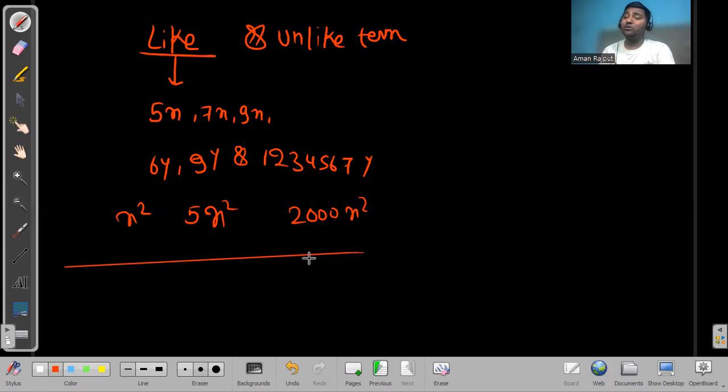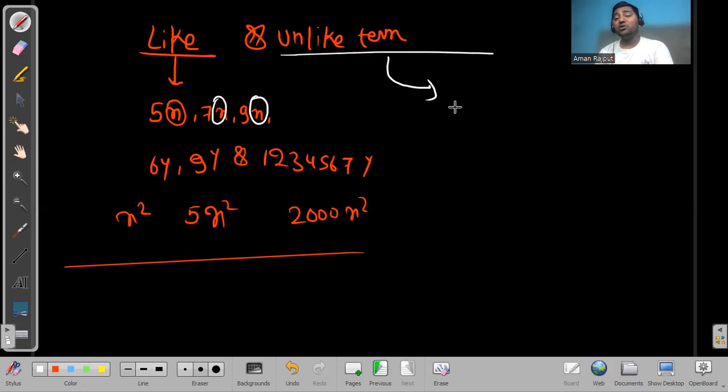These are like terms, where the variable is always the same. Unlike terms are the opposite, where the variable is not the same. That's all about like and unlike terms, and all mathematical operations will happen with like terms. Hope you understood what I shared. Thank you.